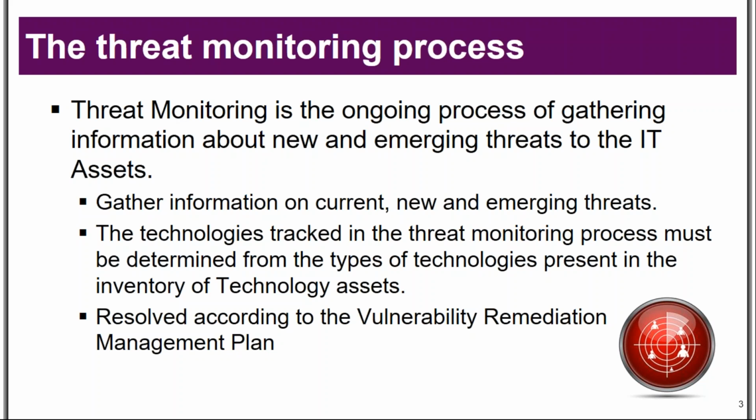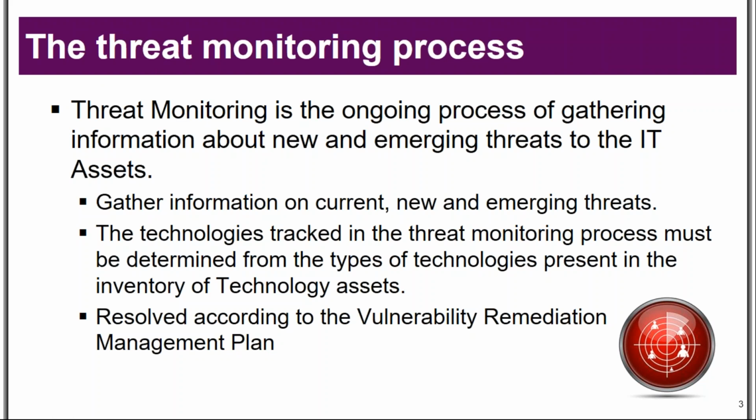But whatever it is, you need to have a threat monitoring process of some type. In that process, your security team, your security individual, whoever you may have, is going to have to gather information on those current, new, and emerging threats, right? And then that threat information needs to include your vendors, any vendors you have.